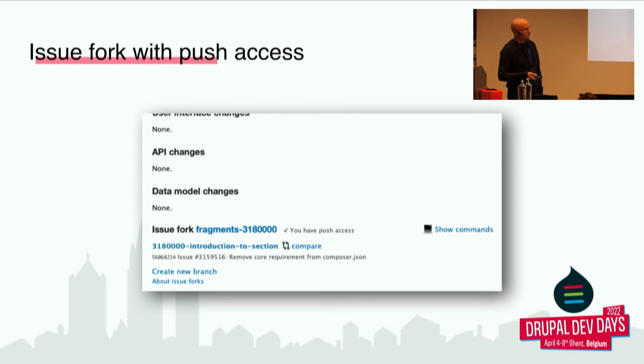And then when you either created the issue fork yourself or you requested push access, you'll see something like this. Another good one to have, the show commands link that you see at the right.